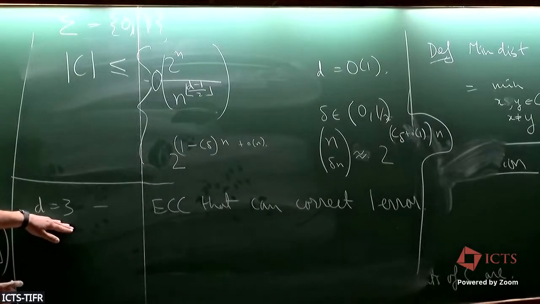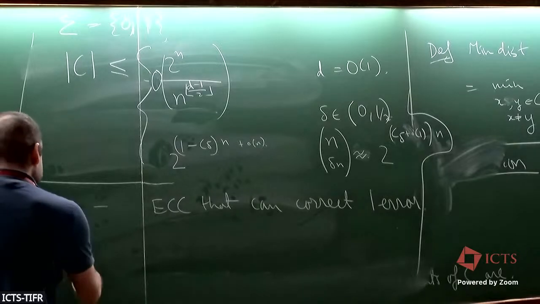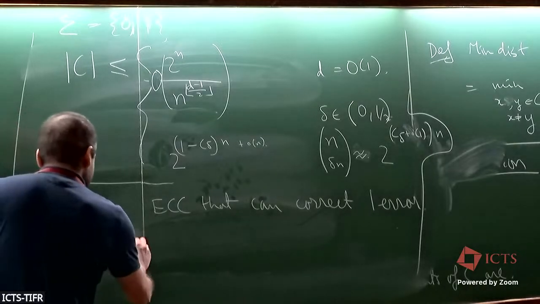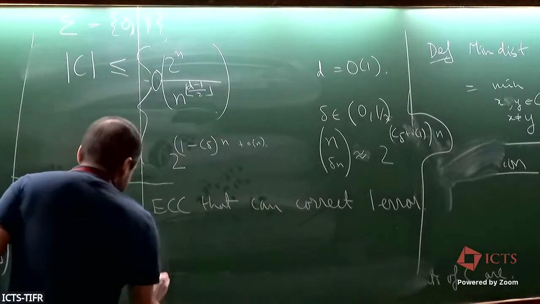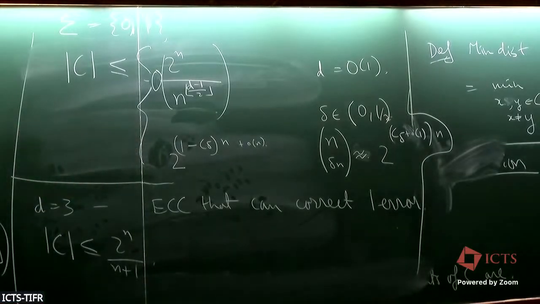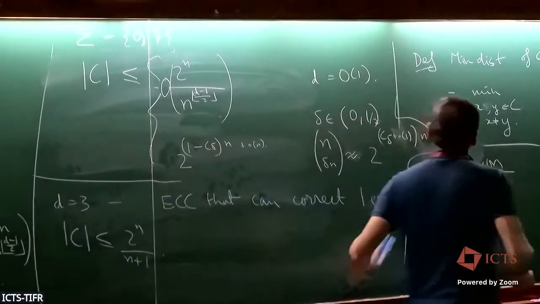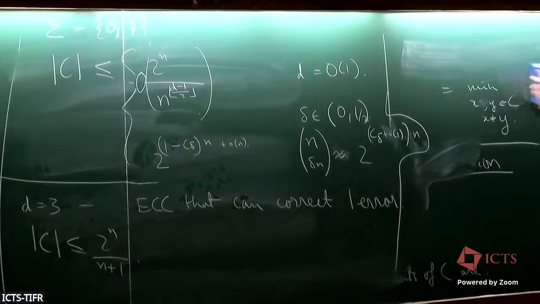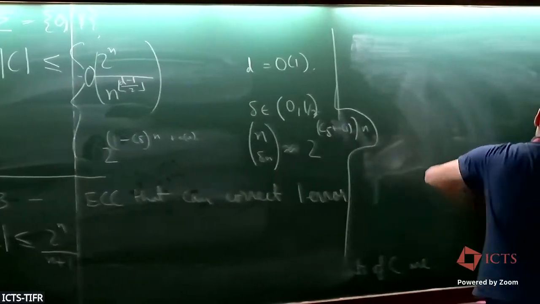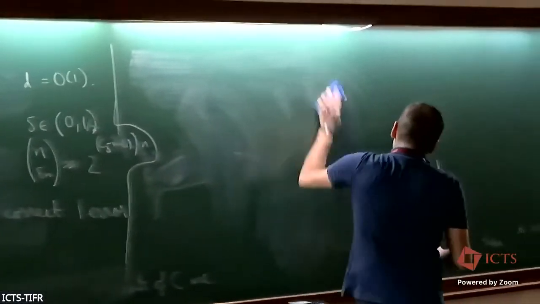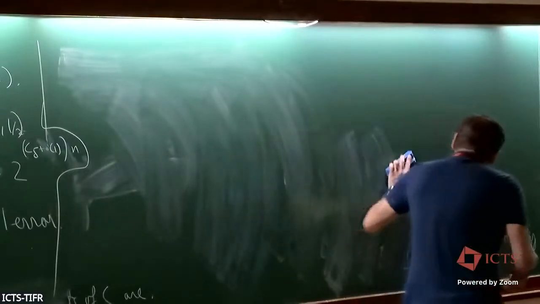And for this case, it says that the size of the code is at most 2 to the n over n plus 1, which is some interesting asymptotic, but I will just use this to compare it with the other bound, the constructive result that we have, which says that there are codes of a certain size.